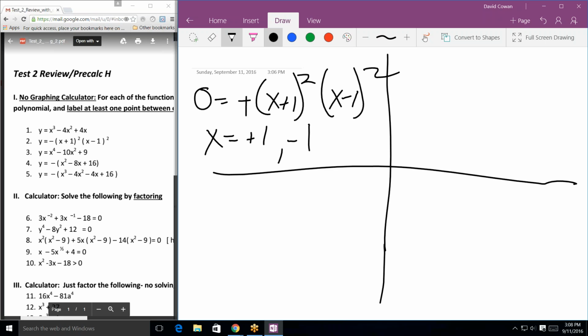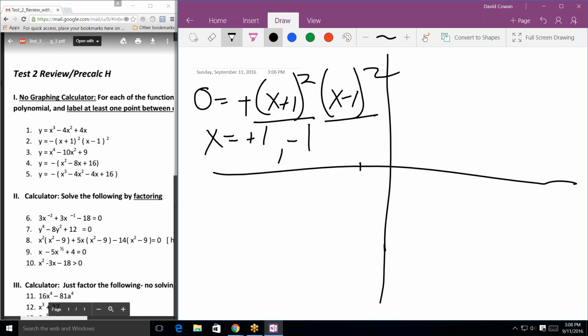In other words, for that thing to be 0, either that has to be 0 or that has to be 0. And the only values that make either one of them 0 are -1 and +1.